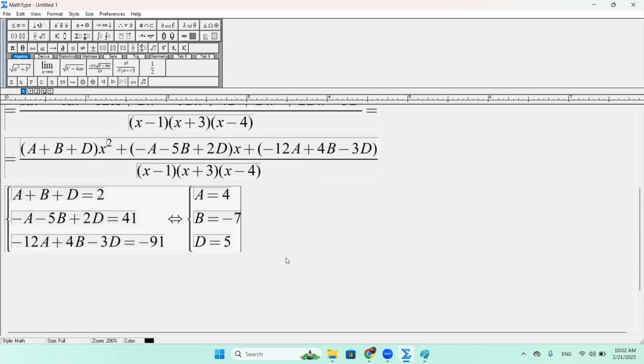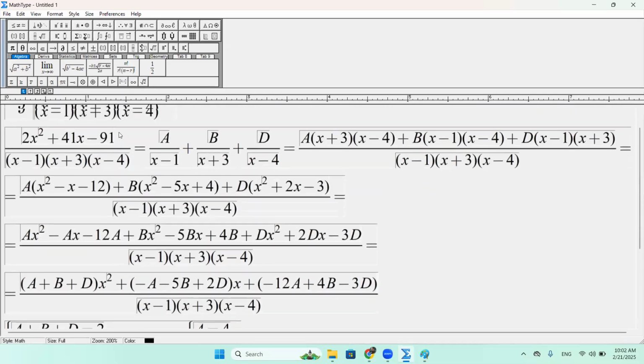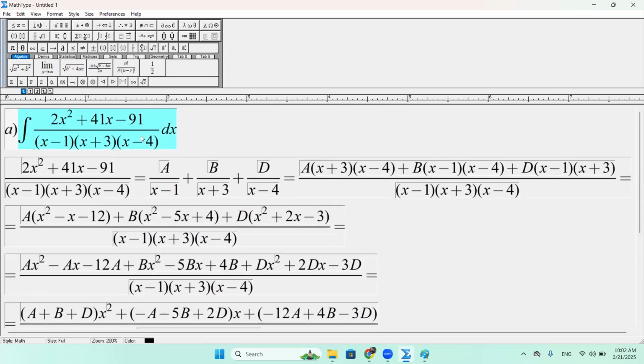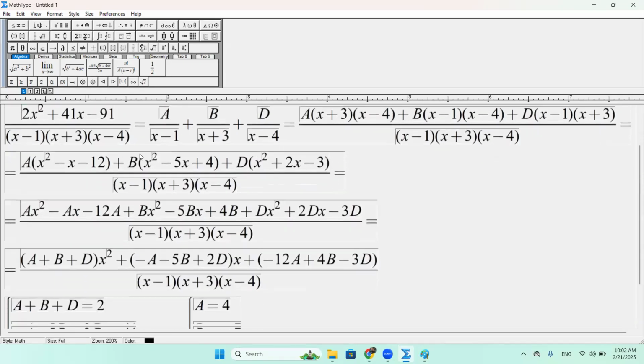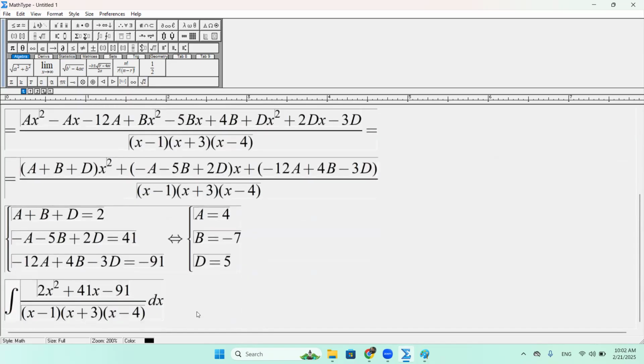So we received such coefficients, and finally, which integral do we have as a result? It will be expanded into a sum of three fractions. So 4 over x minus 1.